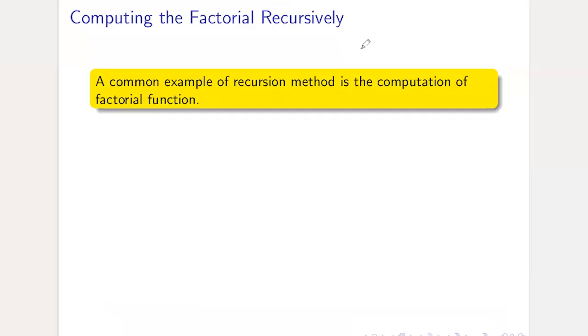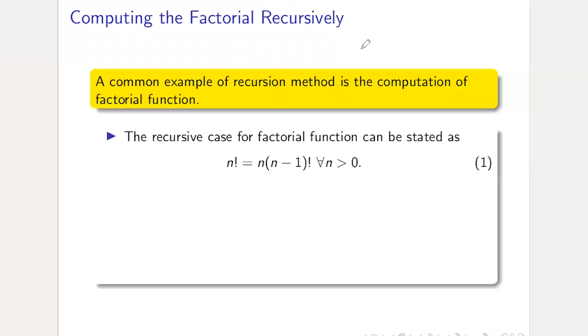Now let's look at the very familiar computation of a factorial. Okay, so we have a straightforward equation for the computation of the factorial. So factorial of n can be computed by multiplying n with the factorial of n minus 1.